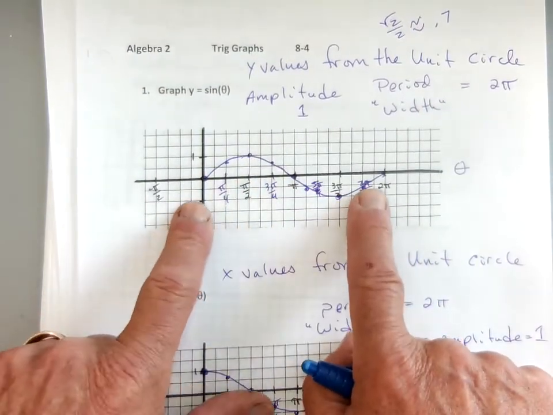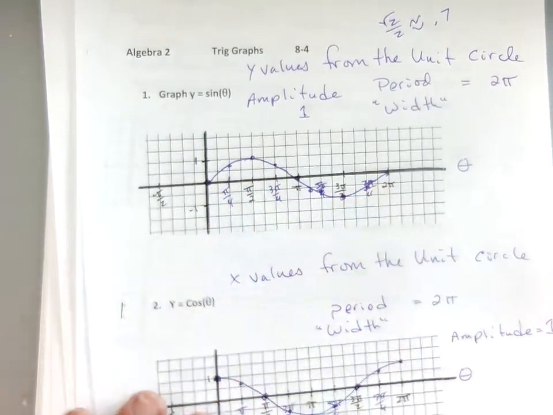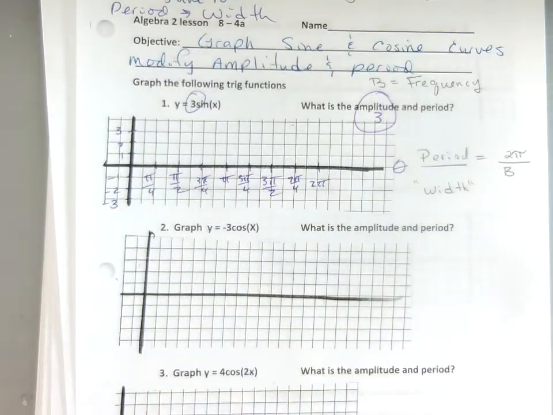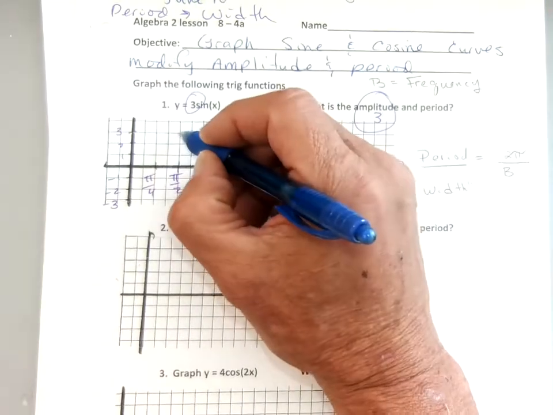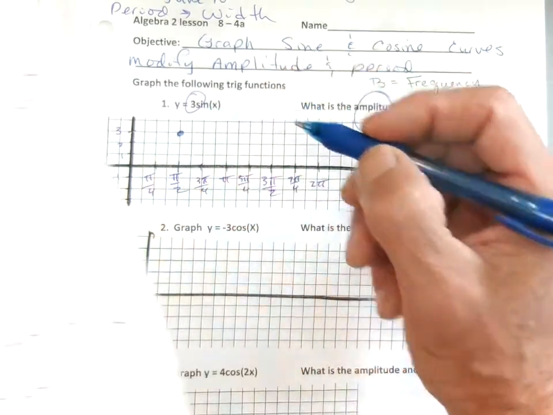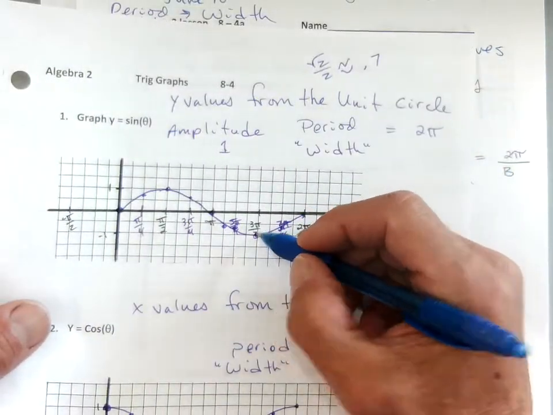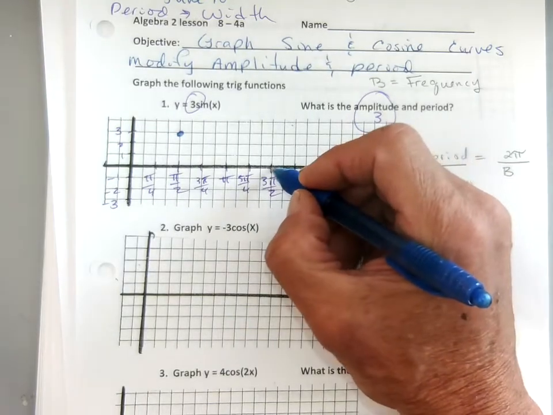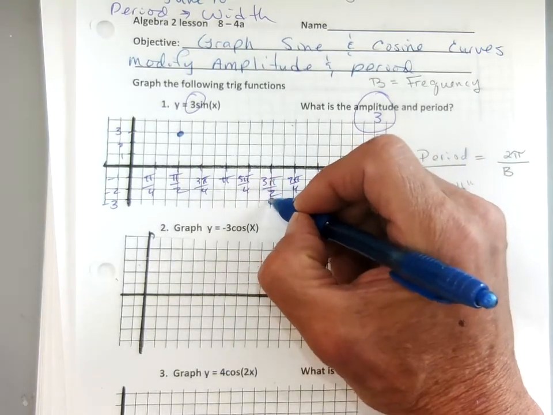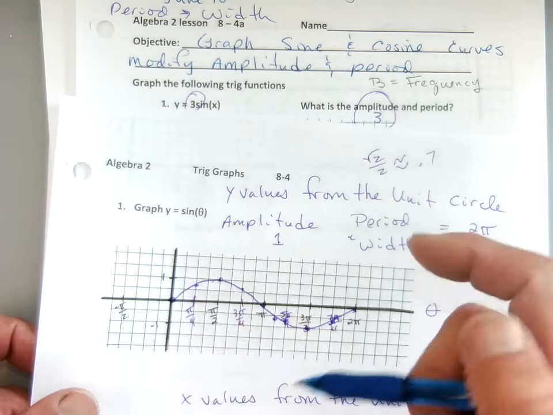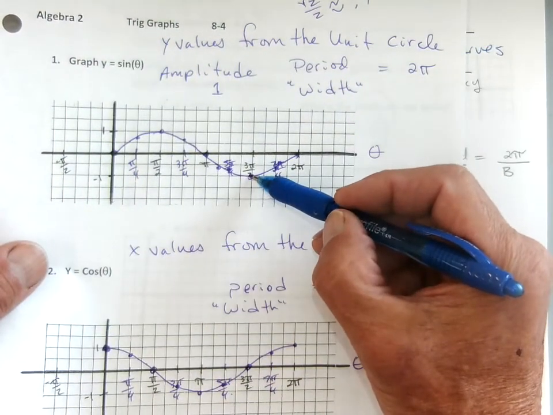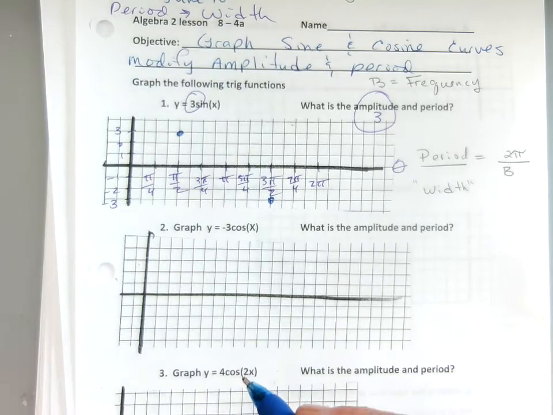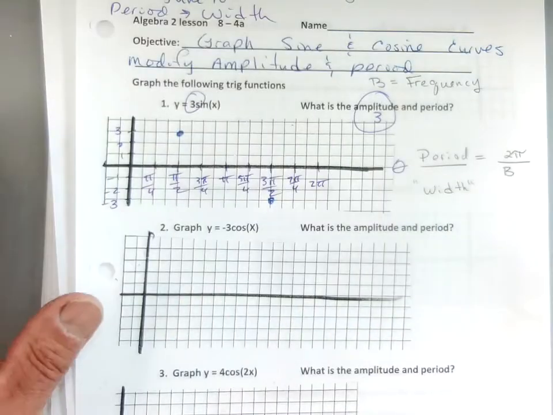I'm going to put this exact curve on my graph, except I'm just going to stretch it up to 3 at pi halves and down to -3 at 3 pi halves, okay? So I stretch this one at pi halves up to 3. I stretch this one at 3 pi halves down to -3, and I'm just going to slowly draw it in.